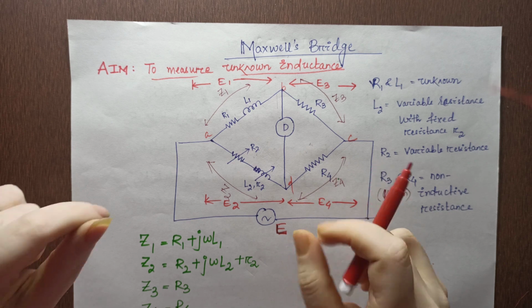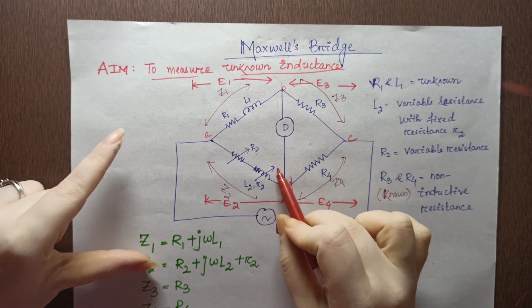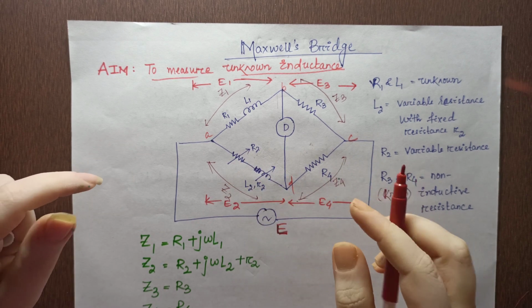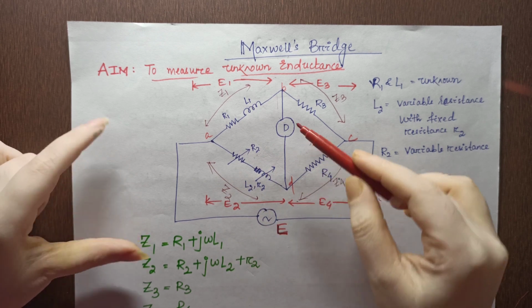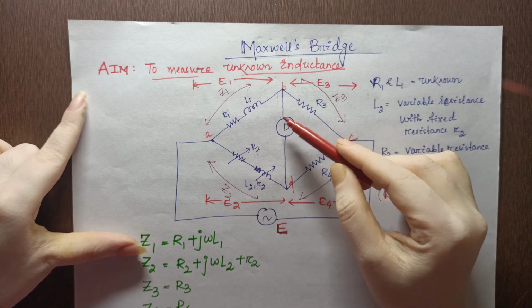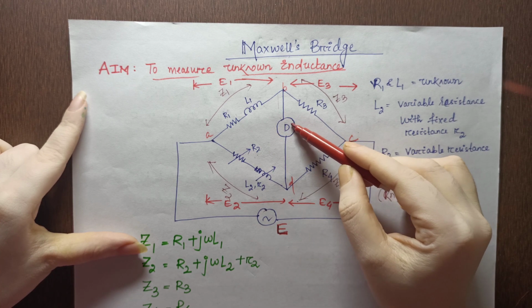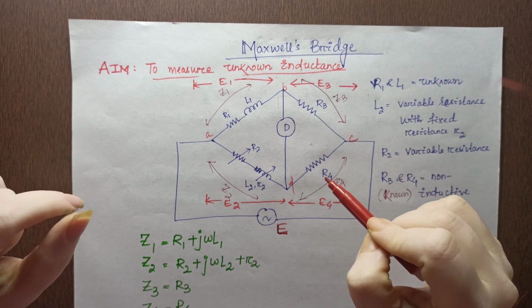Your main target will be to vary L2 and R2, because this is variable inductance and variable resistance, so that during the variation you keep on noting whether the detector is showing zero current or not.